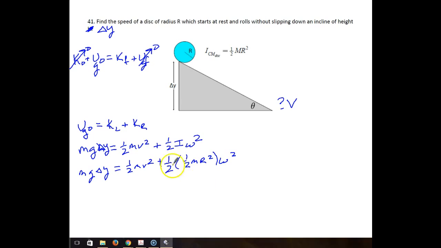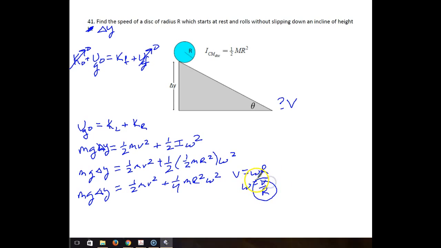Now that we've done that, we can combine these two. So we have mg delta y is equal to 1/2 mv squared plus 1/4 mr squared times omega squared. But remember, the velocity is equal to omega times r, so omega is equal to v over r. I can plug this in, but notice I have to square it.